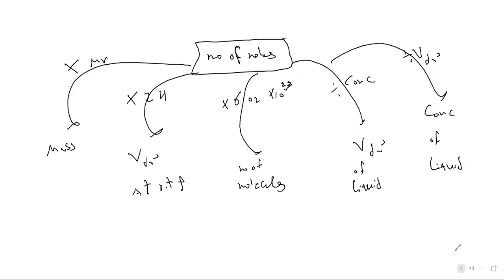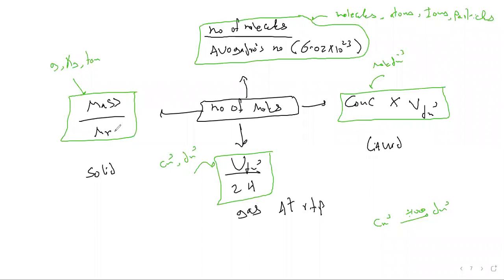How do we obtain this? By cross multiplication. Number of moles multiplied by molar mass gives the mass. Number of moles multiplied by 24 gives the volume. Number of moles multiplied by Avogadro's gives the number of molecules. Number of moles over concentration gives the volume. Number of moles over volume gives the concentration.